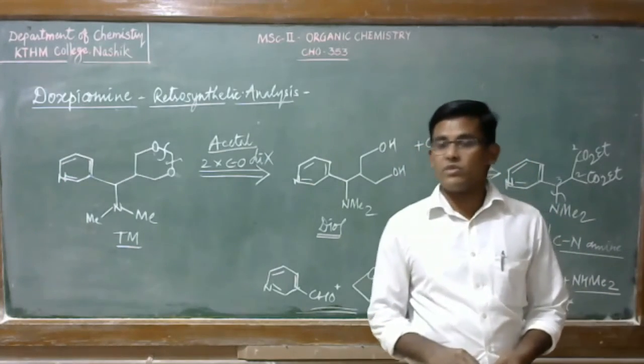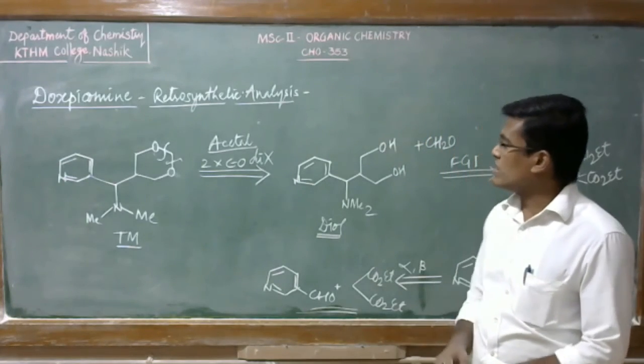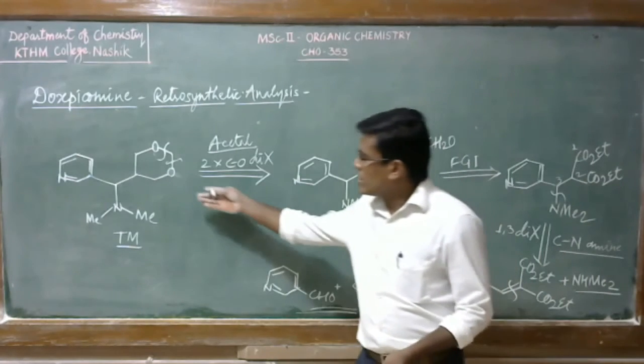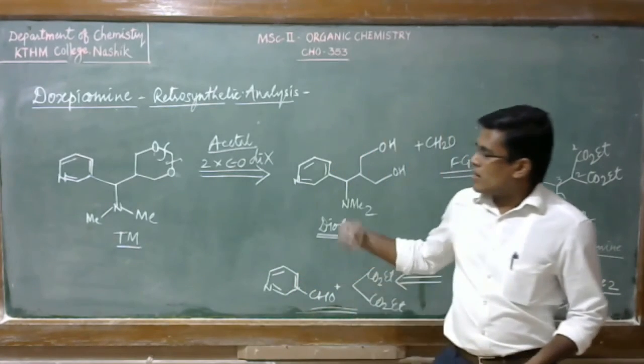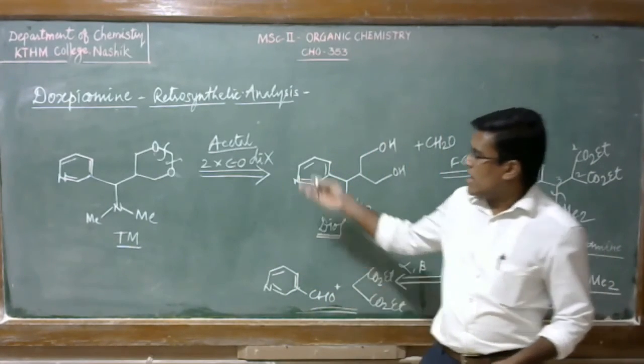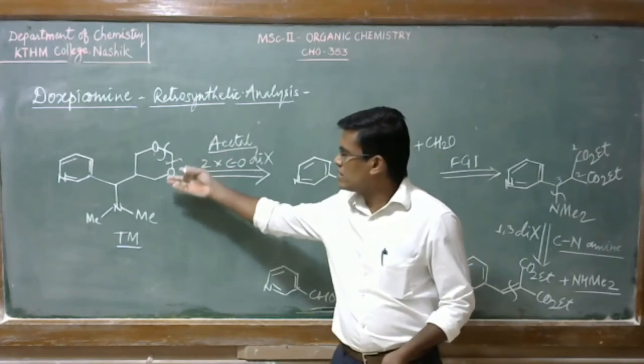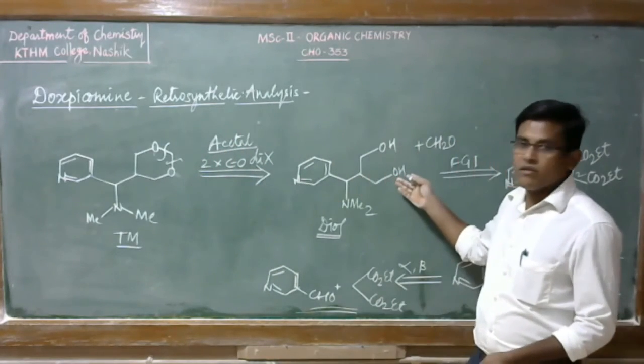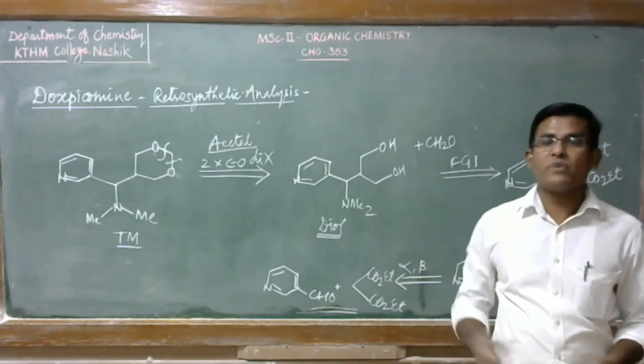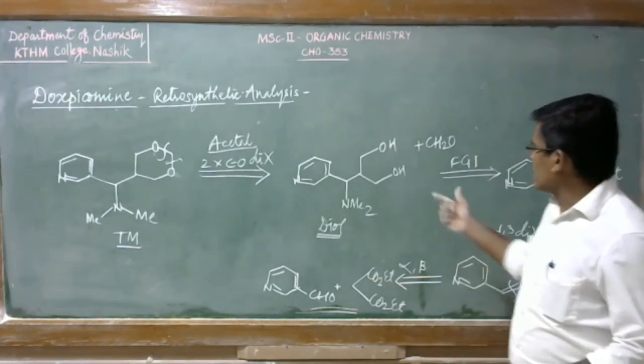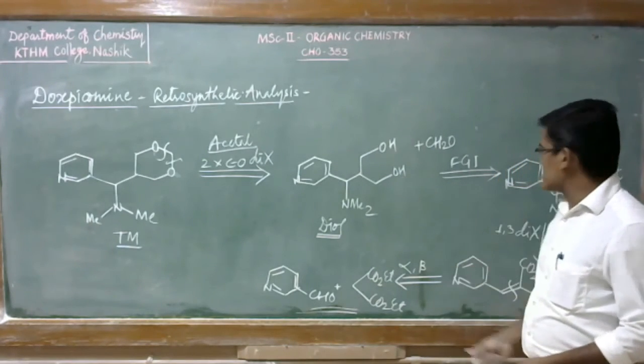you don't see any carbonyl compound, carbonyl groups in this molecule. However, when you cleave this acetal bond, okay, to get this diol, okay, and this diol can be obtained by reduction of corresponding diester.